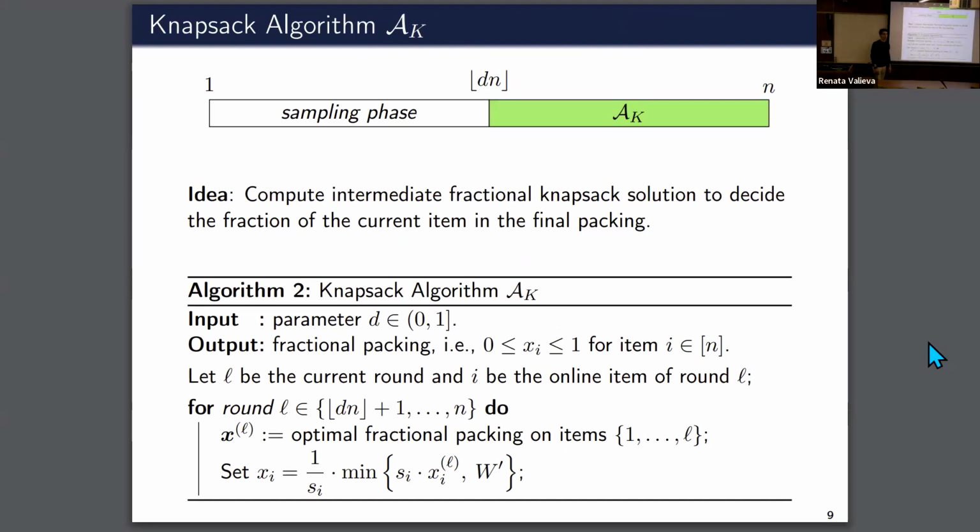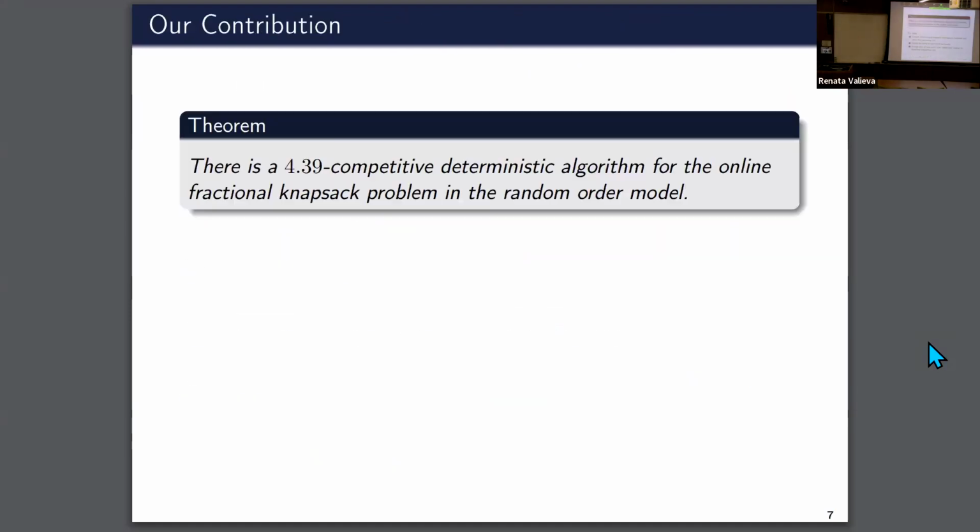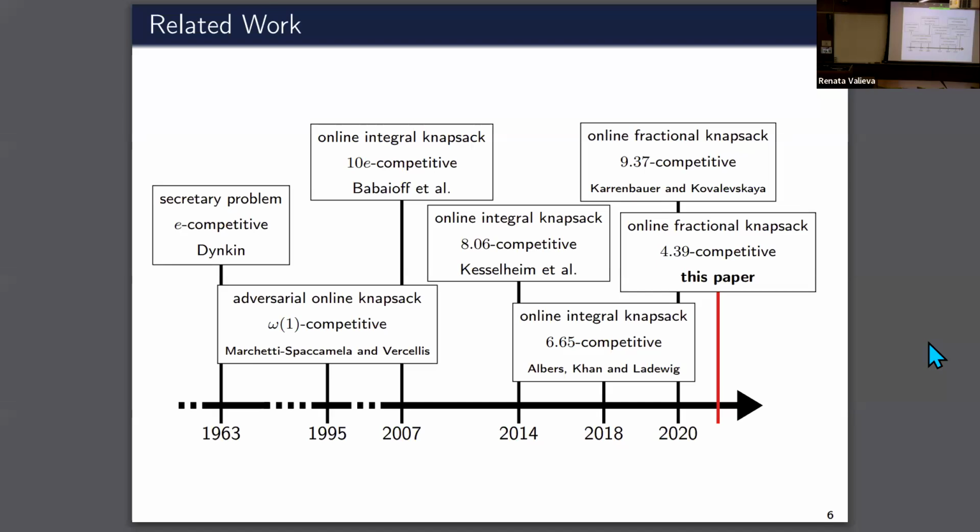Yeah, and then more or less the same analysis goes through. You just lose a little bit in the competitive ratio, and basically that is how they achieved this 6.65 that is here. Yeah, the one at the bottom right. Yep. Got it.